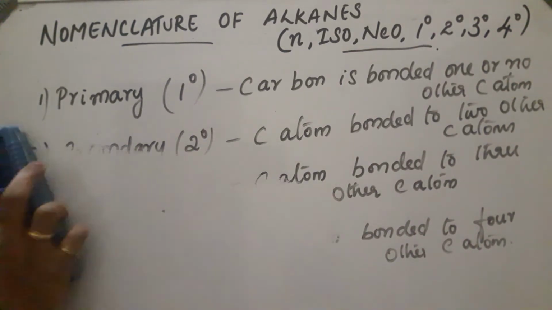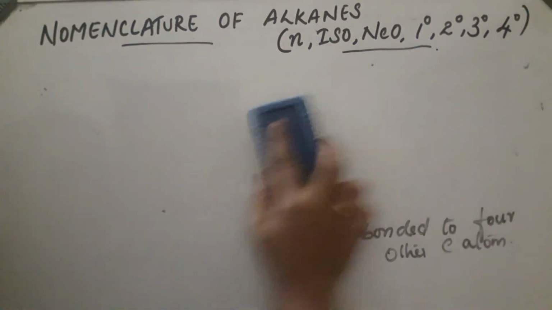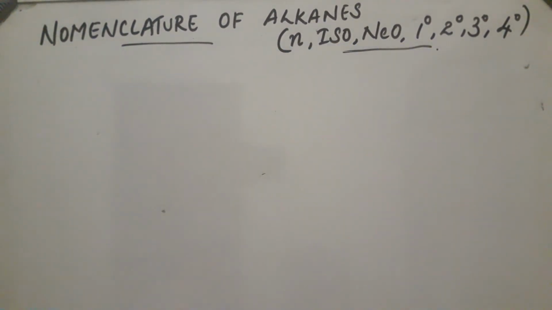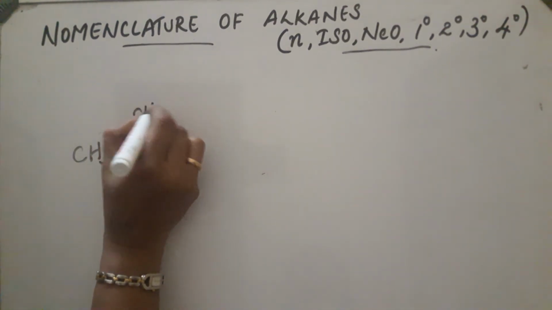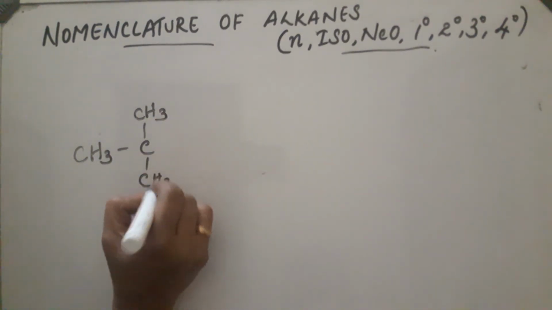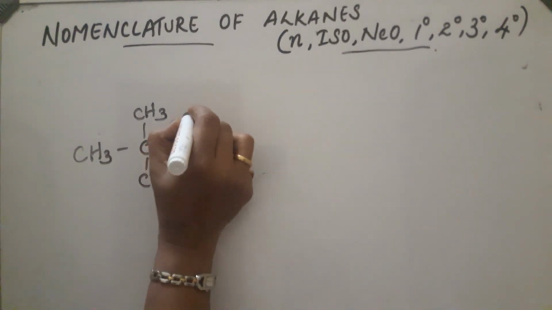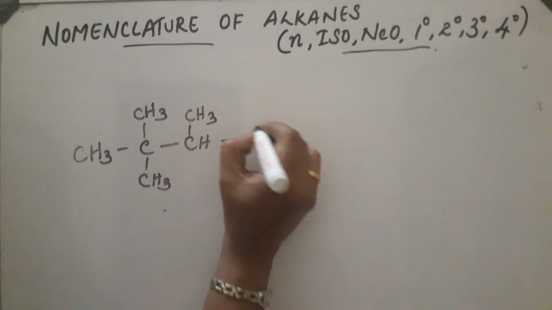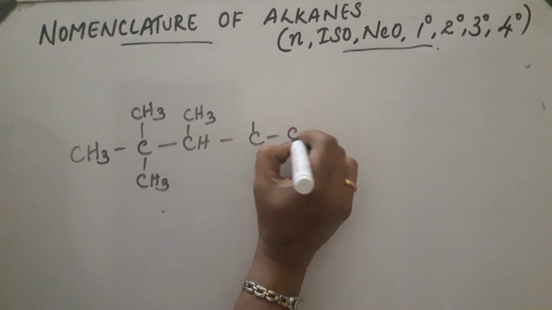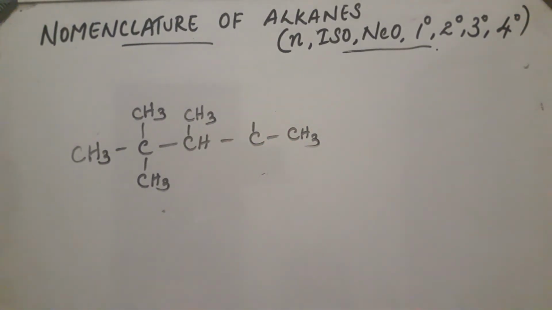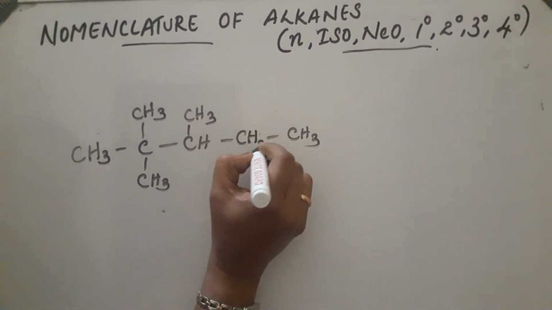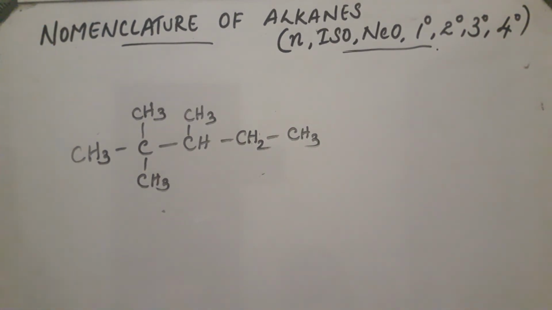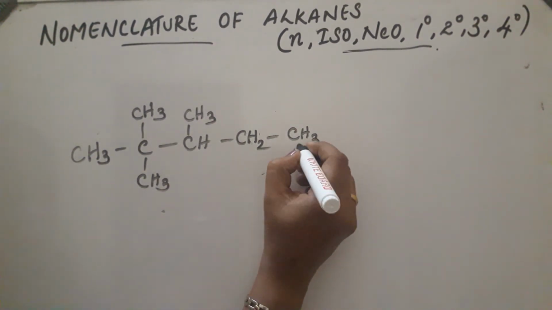Take one example. Take this compound. In this case, this is called a primary carbon.